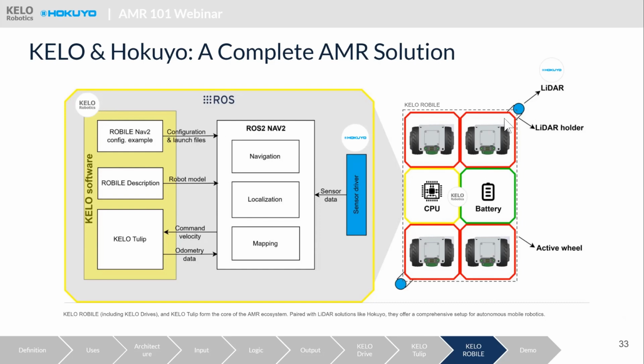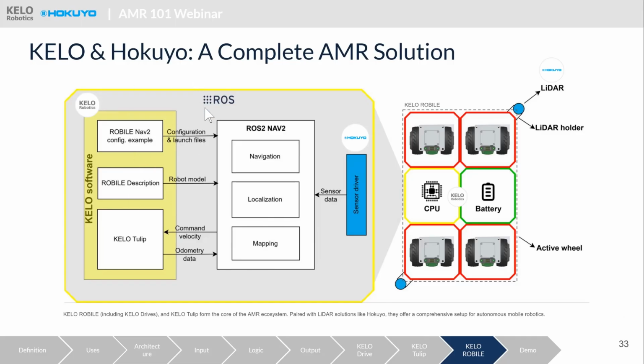Also, 2 Hokuyo LiDARs are attached. In this example, we are using 2 different types of Hokuyo LiDARs to show how flexible the robot can be, and how different a variety of products Hokuyo can provide. But you can decide to use 1 type only. We have 2 sensors to cover the 360-degree coverage here, and also the software deployed here.